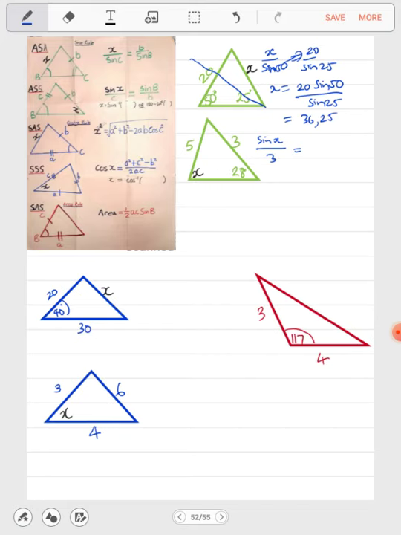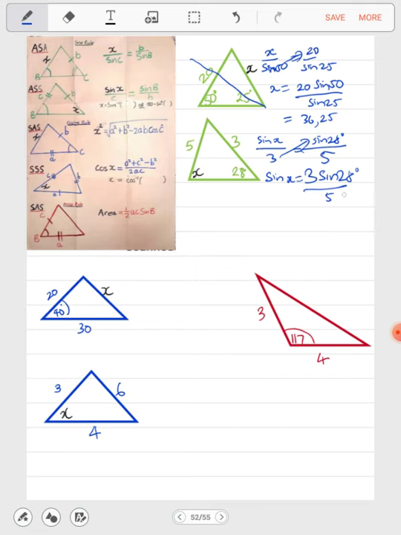But it doesn't matter which way, you need to be able to do your cross multiplying and flipping over properly, mathematically correctly. Then we go sine of 28 degrees over 5. And again, some cross multiplying here will leave you with sine x equal to 3 into sine 28 degrees over 5.